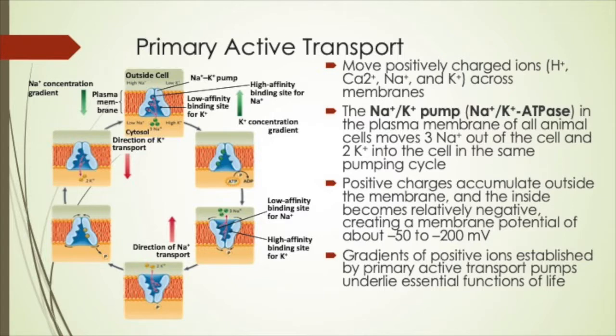So primary active transport, a sodium potassium pump. This is kind of what I was talking about before. So in the plasma membrane of all animal cells, we have some type of sodium that comes out of the cell, right? So 3 sodiums come out of the cell.